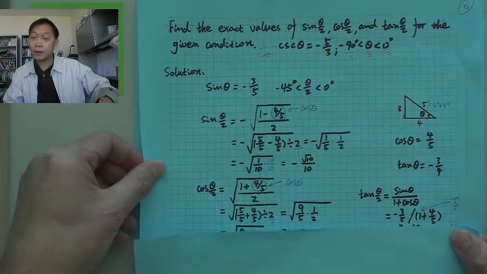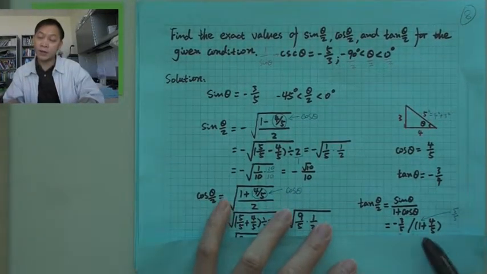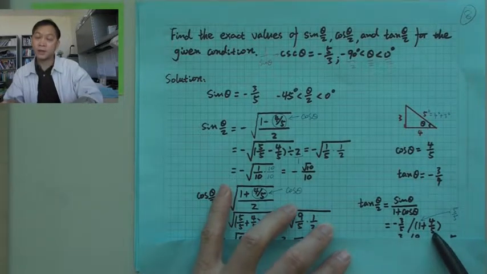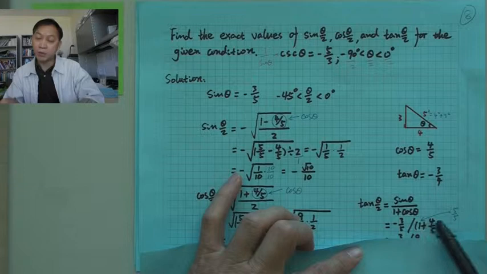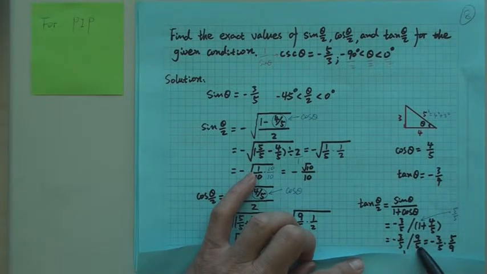Again, 1 is 5 over 5, because the denominator is 5. And then 5 plus 4 gives us 9. The denominators are the same, so you leave it. Numerator is negative 3 over 5, then divided by 9 over 5.